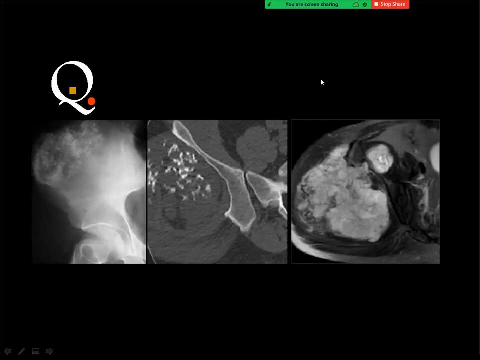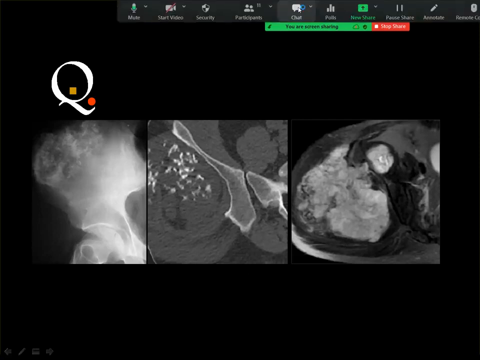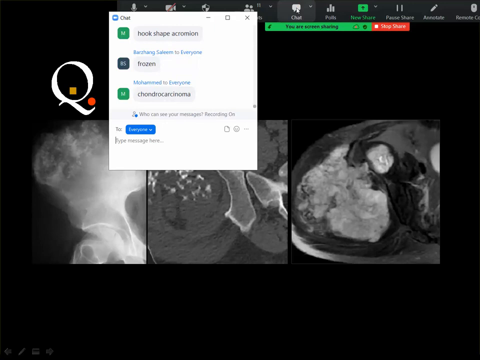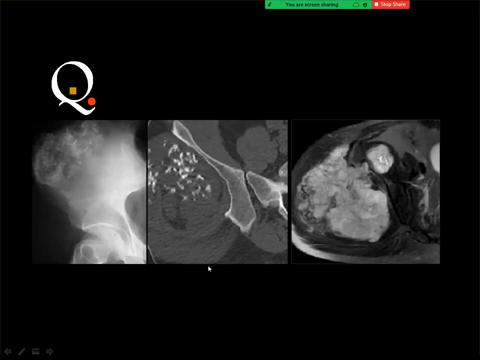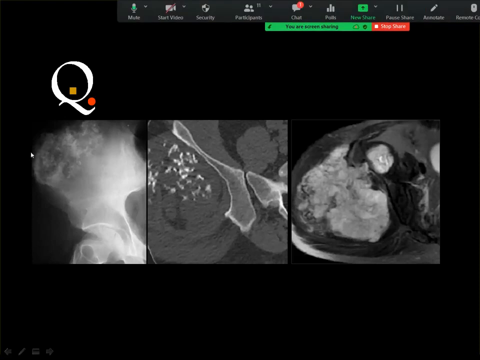Next case is an X-ray of the pelvis, CT and MRI, showing a big mass with matrix calcification. Yes, and the right answer: chondrosarcoma, a big mass with matrix calcification and destructive changes in the adjacent iliac bone.